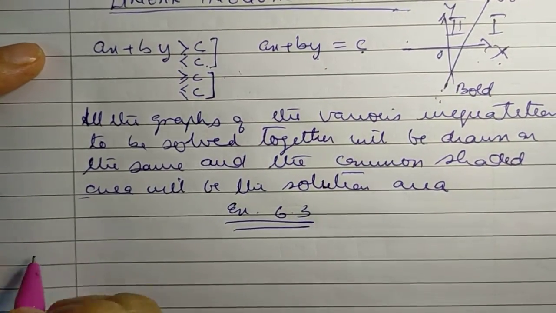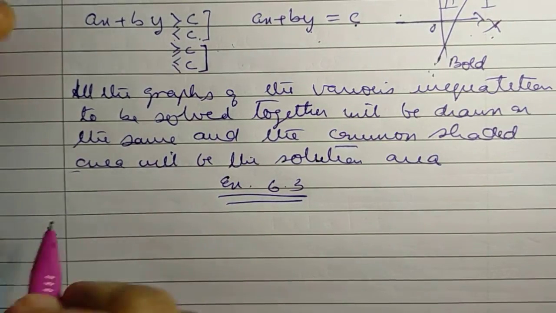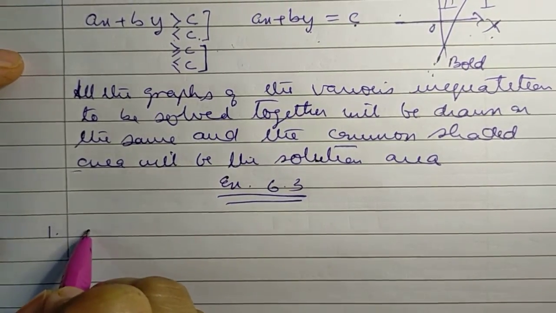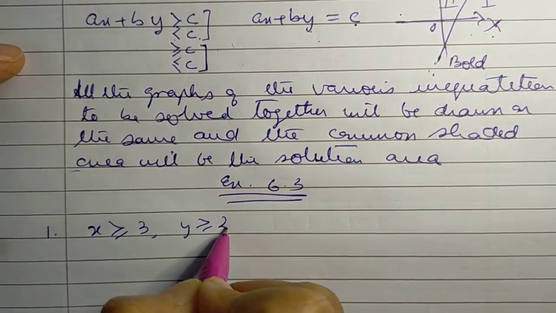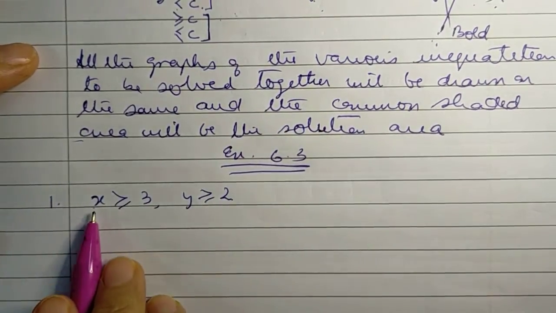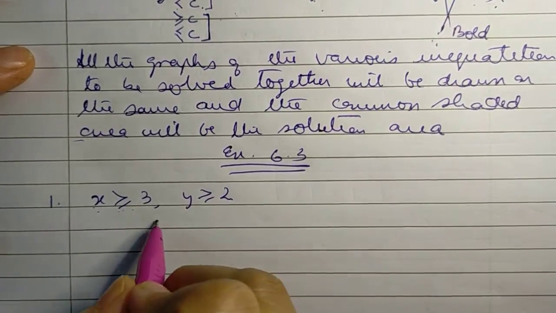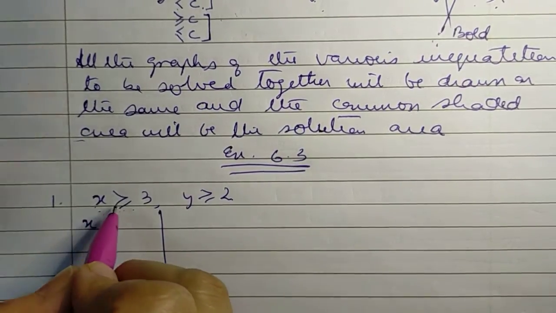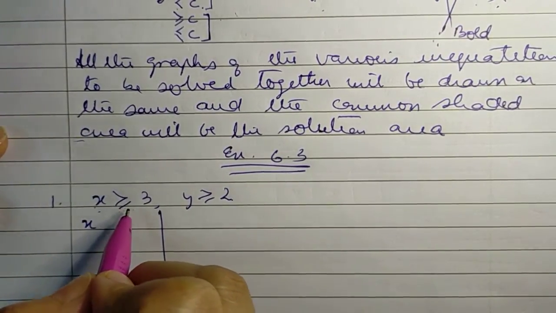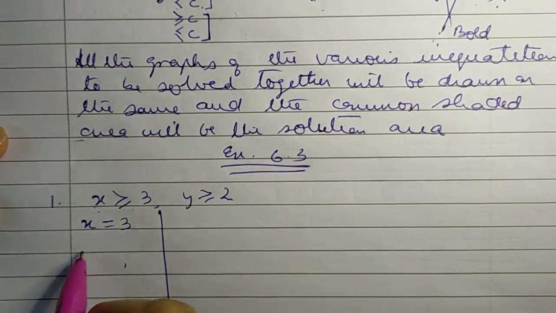6.3. First of all, let's take the first set of inequalities, that is x greater than or equal to 3 and y greater than or equal to 2. First of all we have to draw them. Let's solve x greater than or equal to 3. So consider x equal to 3.